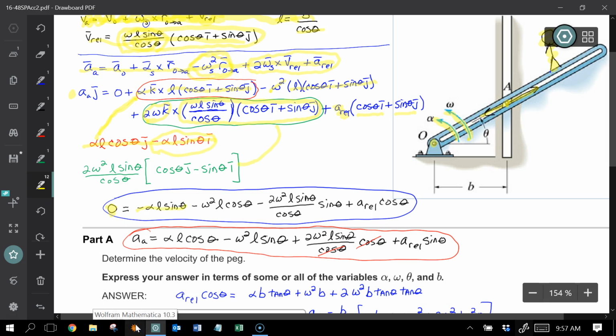Then I have an I piece here, which comes in down here. And then I have an I piece in the green cross product, which is this piece right here. And that becomes right there. And then at the last, I have an A-rel. I've got some I terms in it, so cosine right there.